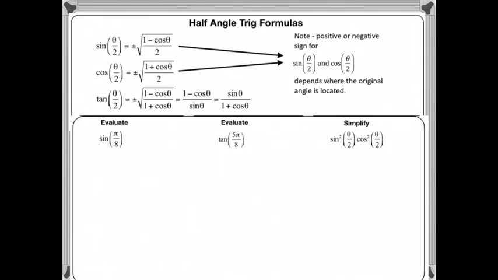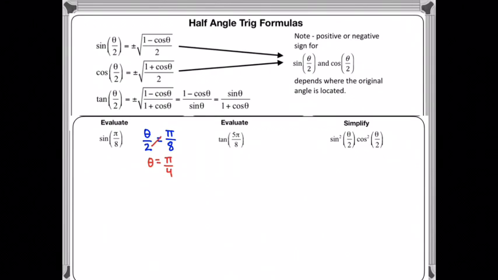Say I want to rewrite this as some angle divided by 2. If I set theta over 2 equal to pi over 8 and solve, I put the 2 over here, and I end up with theta equals pi over 4.